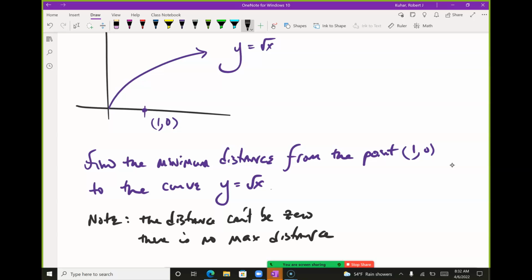Clearly, we should get a positive value of the second derivative. We can't get a negative value out of it. There is no max distance.